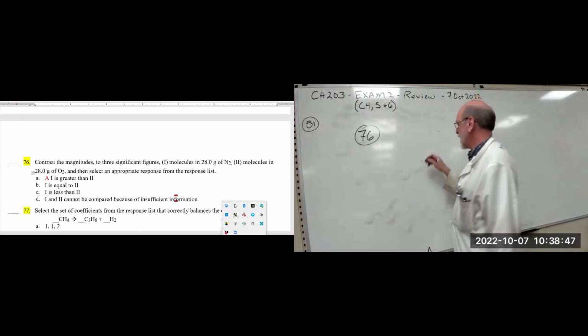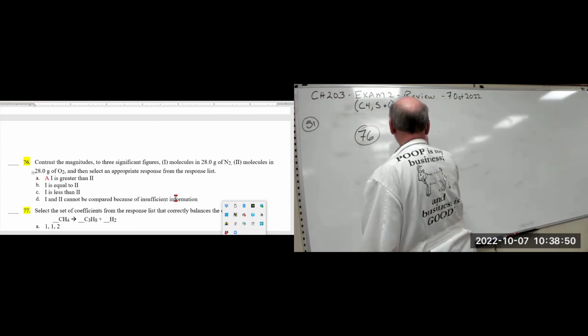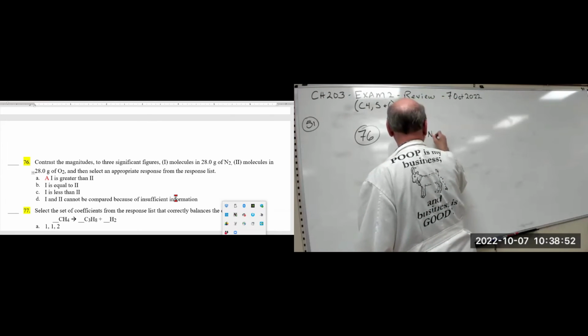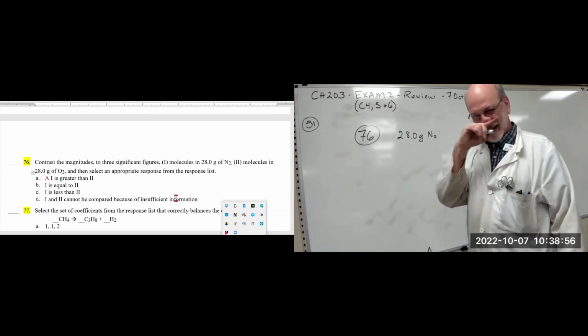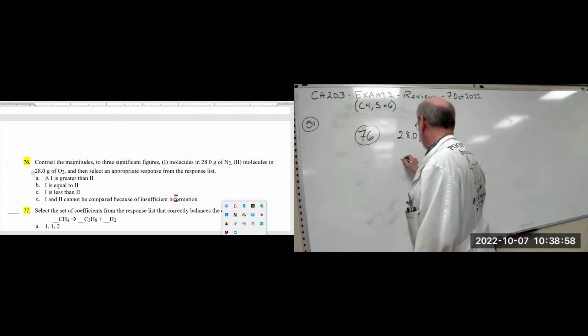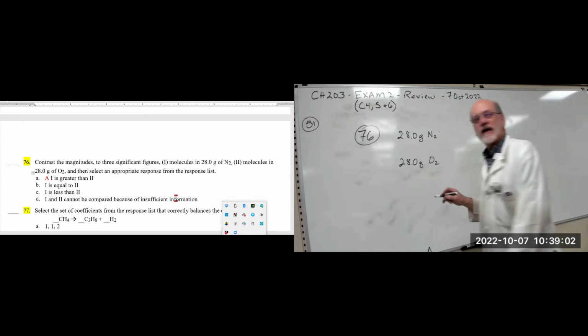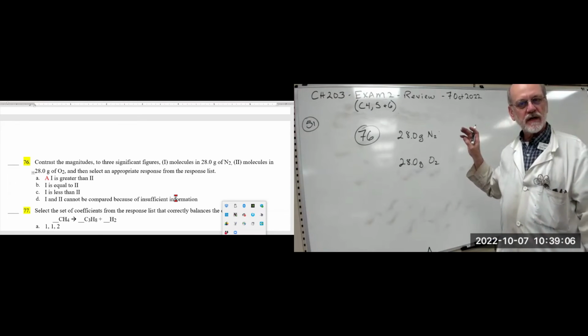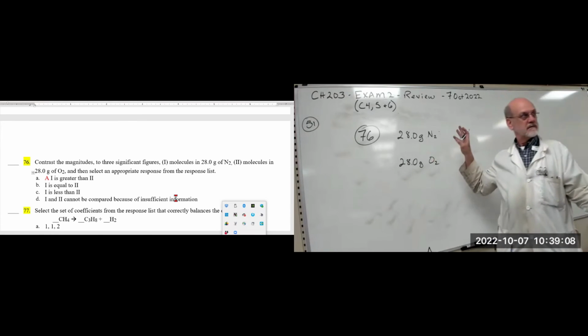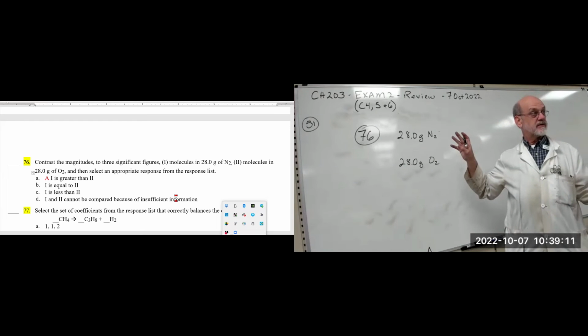Okay, 28 grams of N2, and 28 grams of O2. What are we going to do to determine the number of molecules? We need the molar mass, right?